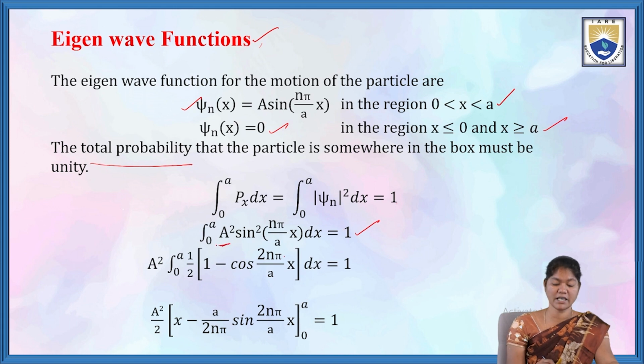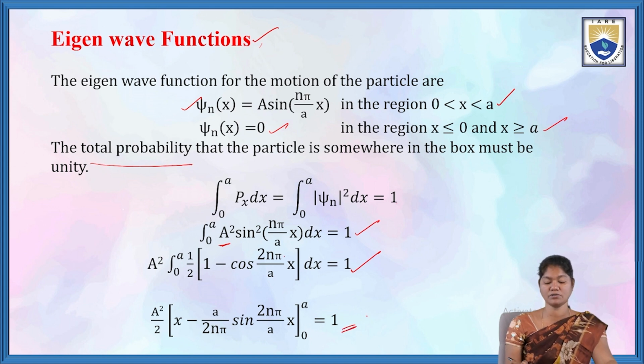Now integrating, we get A square by 2 into [x minus a by 2n pi sine(2n pi x by a)] with limits 0 to a is equal to 1.